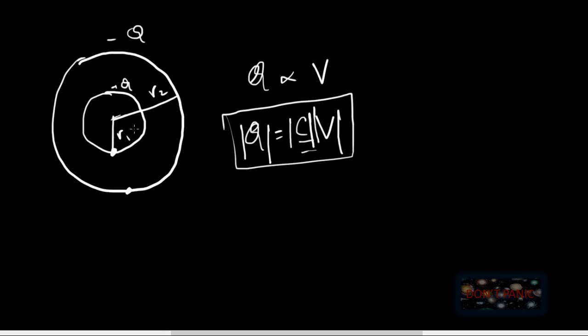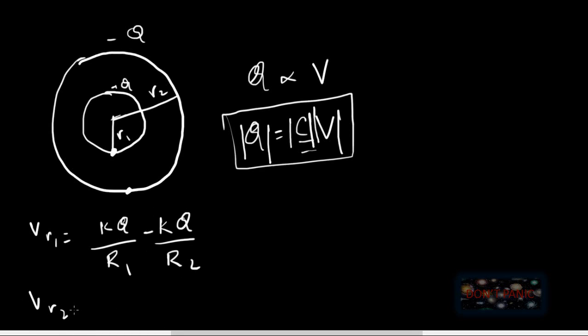Since these are conductors, the potential at R1 is going to be KQ over R1, and the contribution of the outer one is going to be negative KQ over R2 because you're inside that.